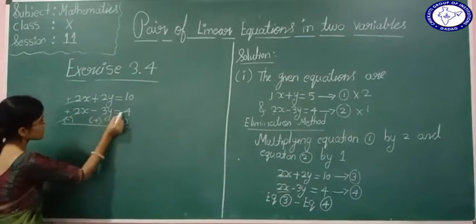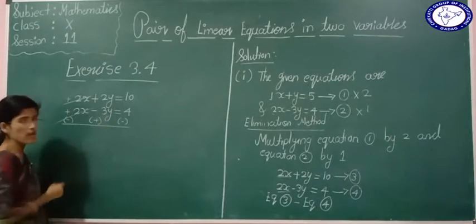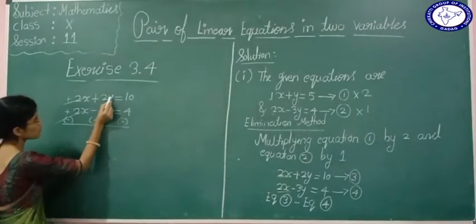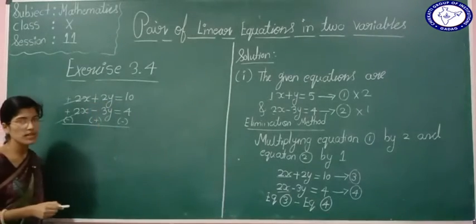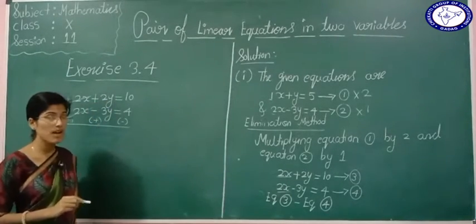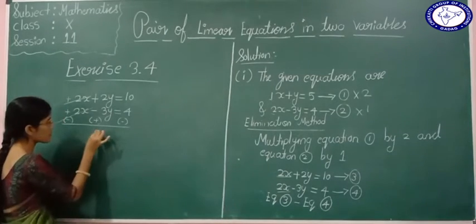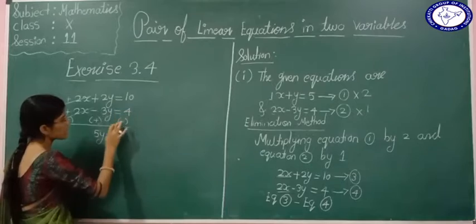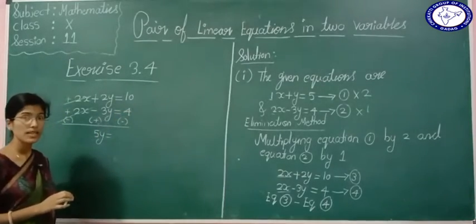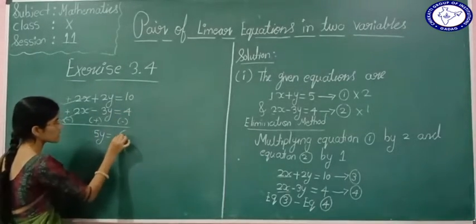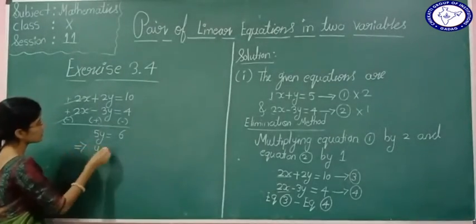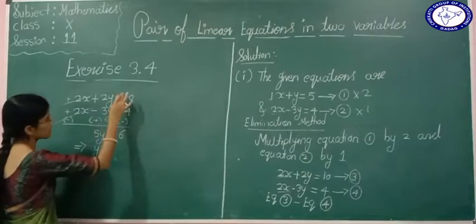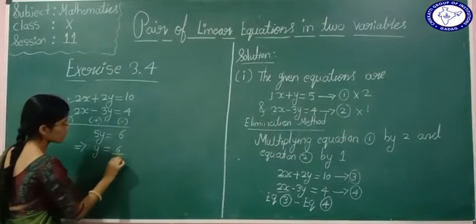For the second term, plus 2y plus 3y is what, student? Plus 5y is equal to 10 minus 4, which is 6. So this implies y is equal to 6 by 5.